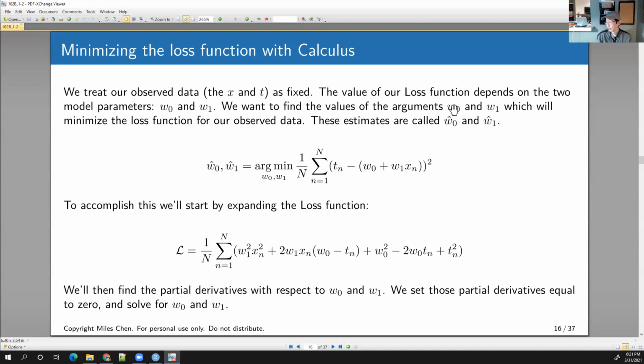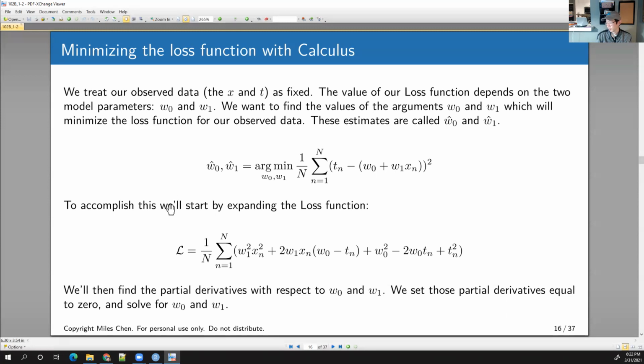We want to find the values of w0 and w1 that are going to minimize our loss function. So we want to find w0 hat and w1 hat, the values that minimize this function, and that's going to be this.